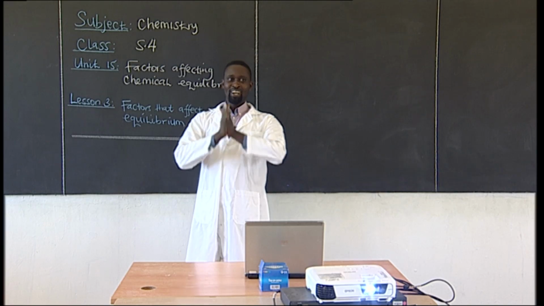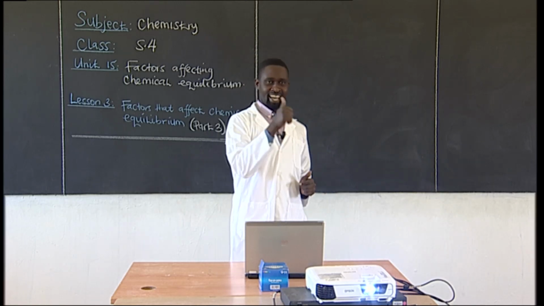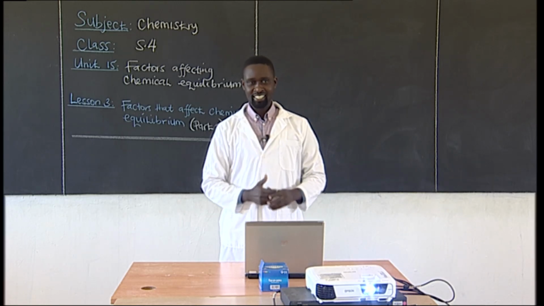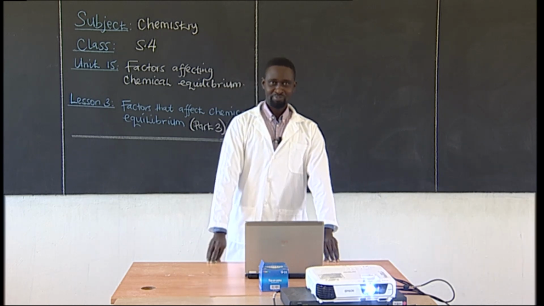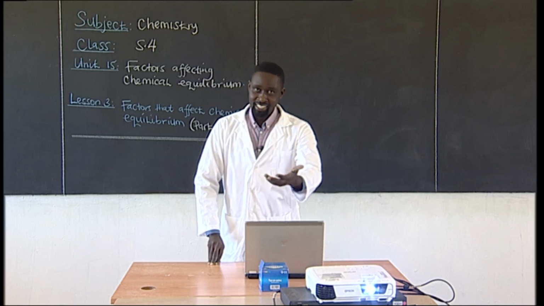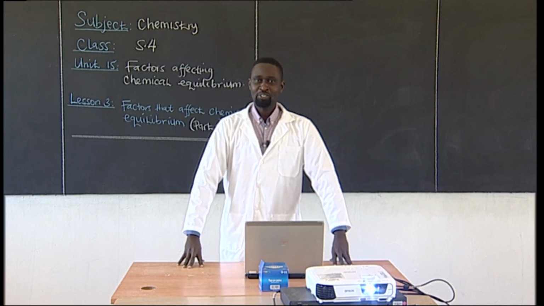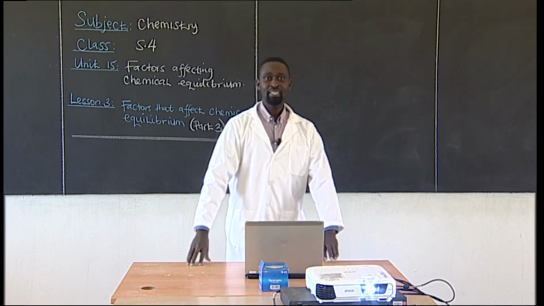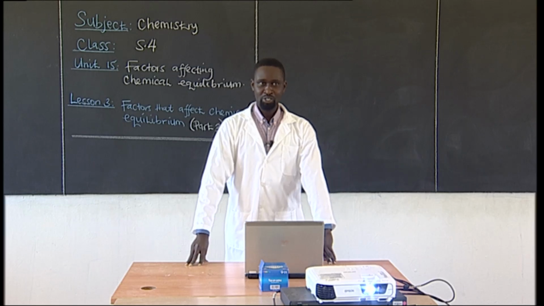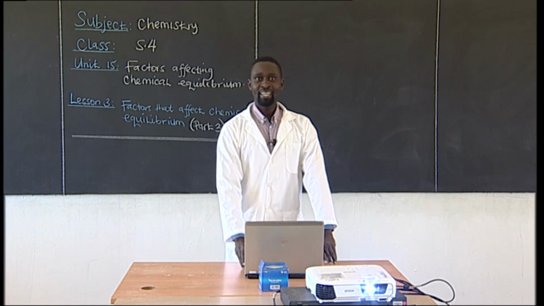So, if I can ask, how will an increase in pressure for that case affect the position of equilibrium? I need you to first guess, make a prediction, then we can discuss together. How would an increase in pressure affect the position of equilibrium in that case? All right, let's go and see.